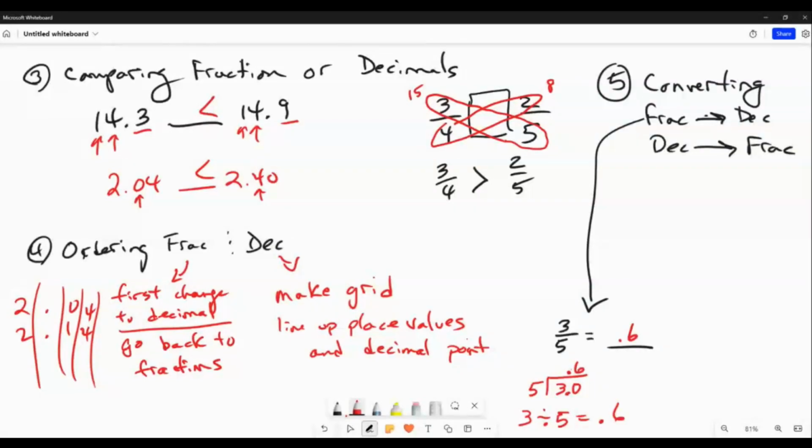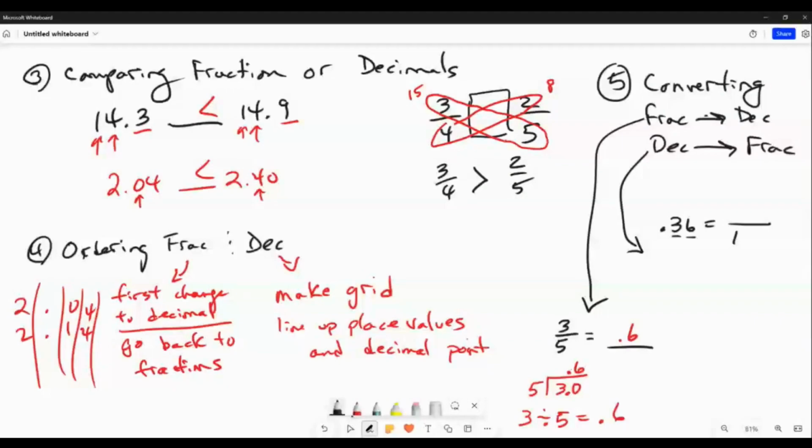If you are changing decimals into fractions, let's say that I have 0.36, then we learned that the denominators are going to be 10, 100, 1,000, whatever.